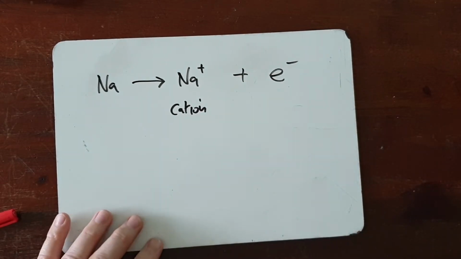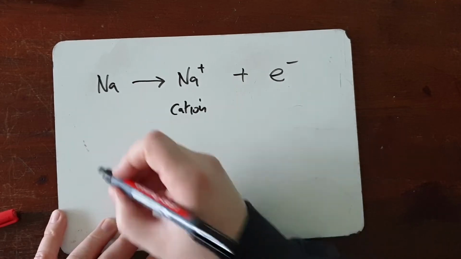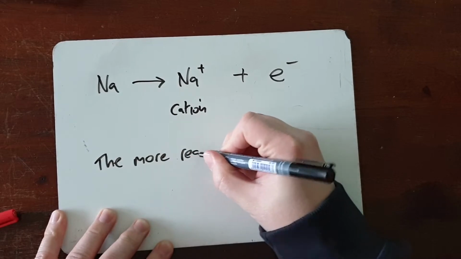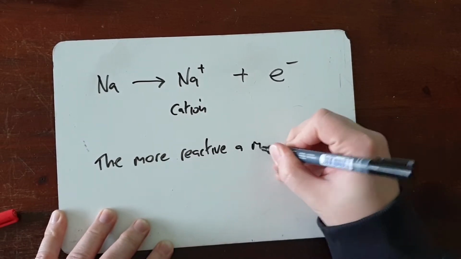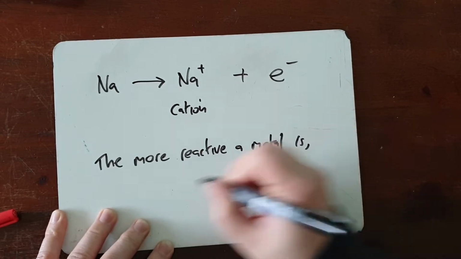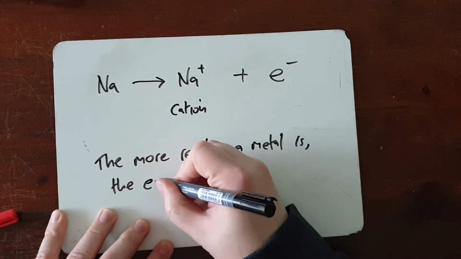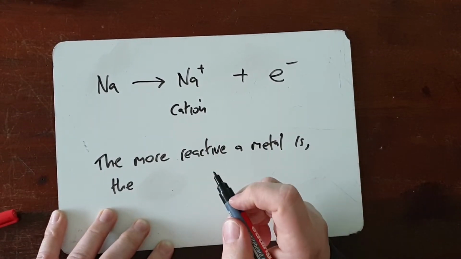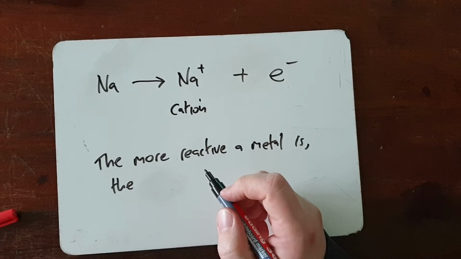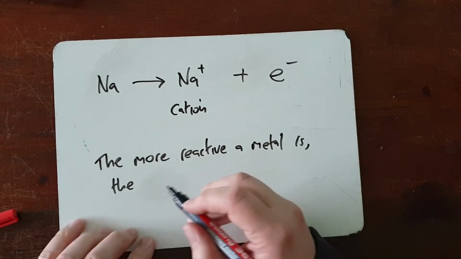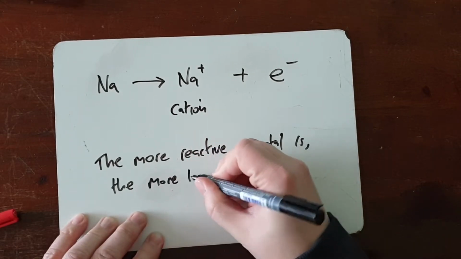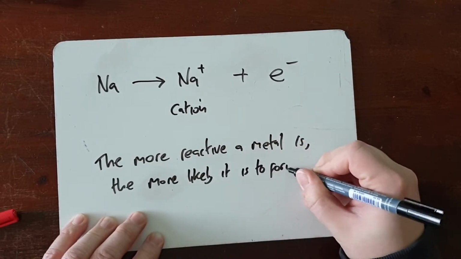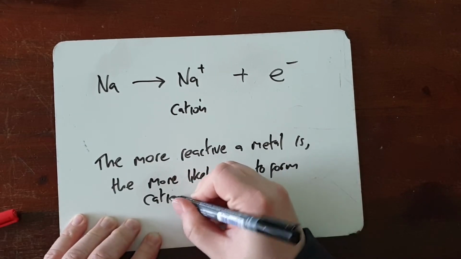So what that means is, the more reactive a metal is, the more likely it is to form cations.